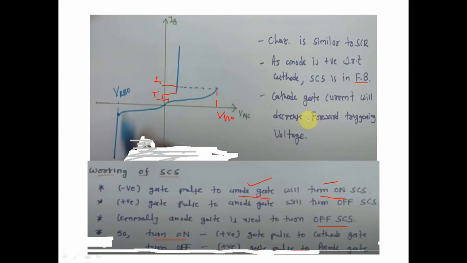The cathode current will decrease for the forward triggering voltage. In forward bias, the anode is positive with respect to the cathode. In reverse bias, the cathode is positive with respect to the anode, and a small amount of leakage current flows through the circuit.